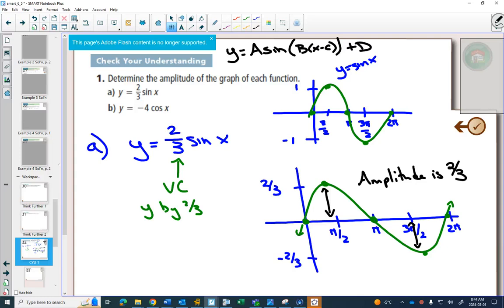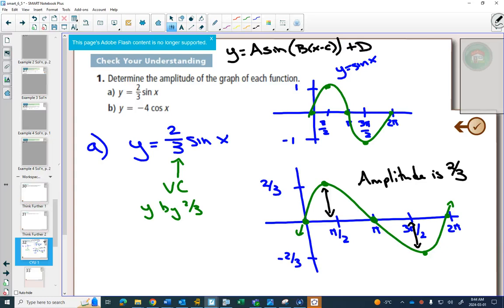You have to figure out a way that you're going to be able to memorize that your A value affects your amplitude. There is some sort of strategy you can come up with to remember that. However you come up with it, that would be great.